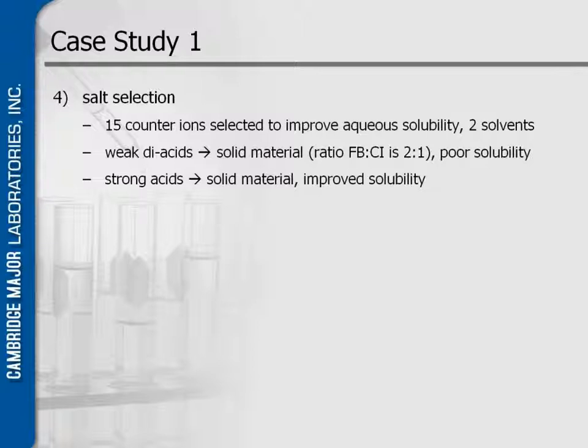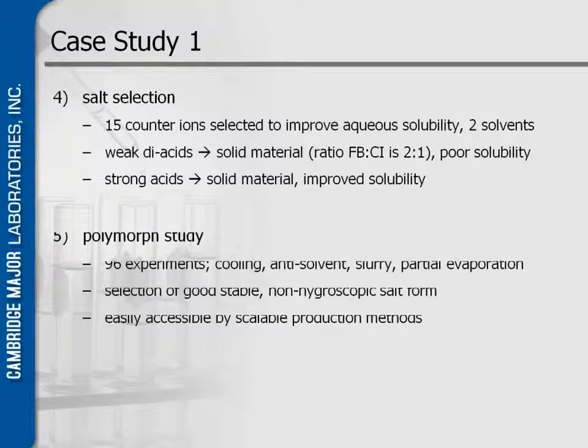But the very strong acids, in fact all of them but the HCl salt, showed nice crystalline material and an improved solubility. So to see which of these strong acids to use, again a polymorph study was done. Everything was done in parallel here, to find a good, stable, non-hygroscopic salt form.